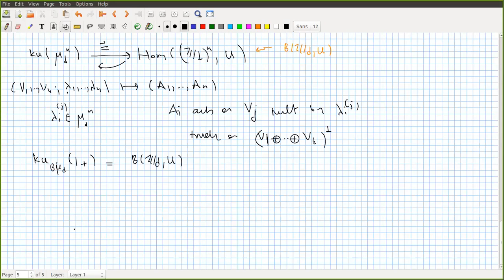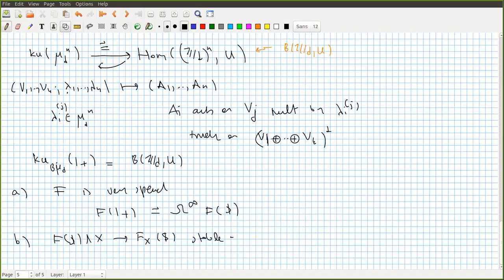Just to finish the proof, one uses some properties of Gamma spaces. If F is a Gamma space and it is very special, which is a technical condition, then the functor evaluated at 1⁺ is the infinite loop space associated to the spectrum. The second property is that there is a natural map from the spectrum smash X to the Gamma space constructed from X and F, and applying the spectrum corresponding to this Gamma space, it is a stable equivalence.